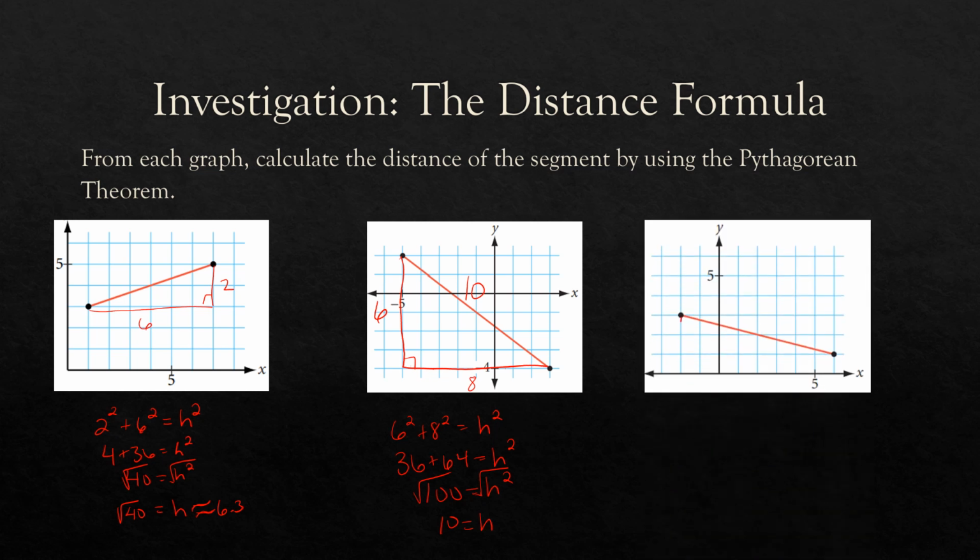And our last one is 2 by 8. 2 squared plus 8 squared is equal to my hypotenuse squared.